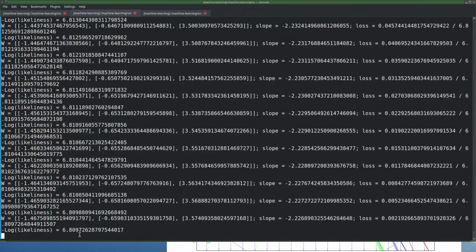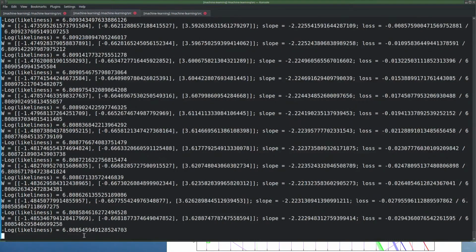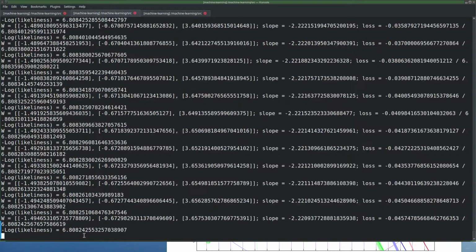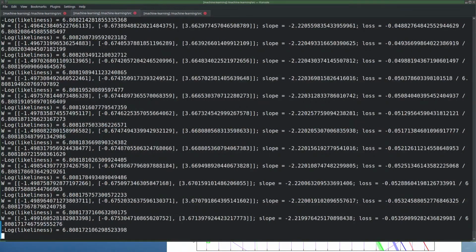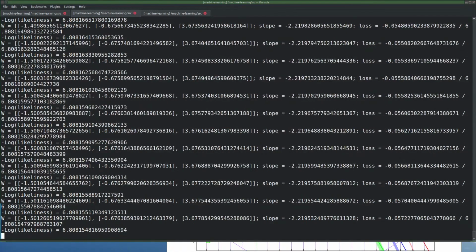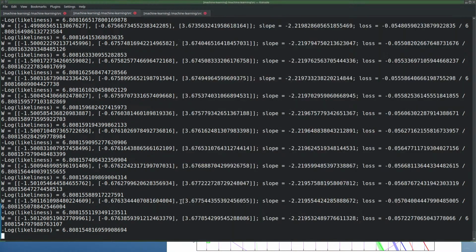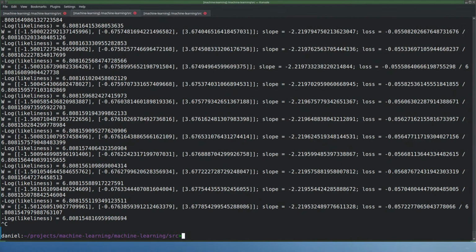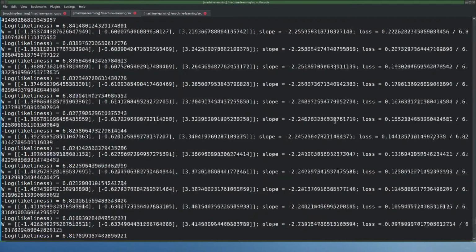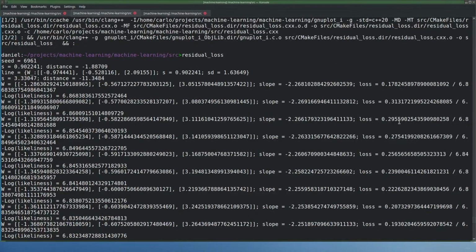It is going down. And these two. This one is going up and then down.